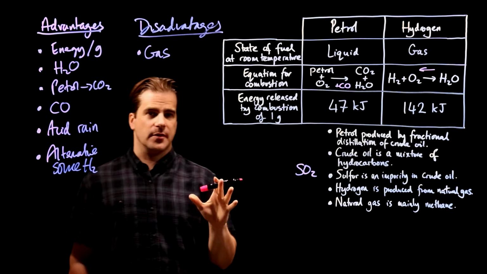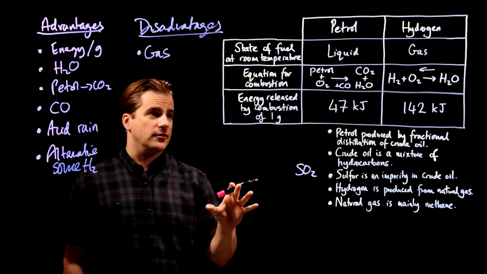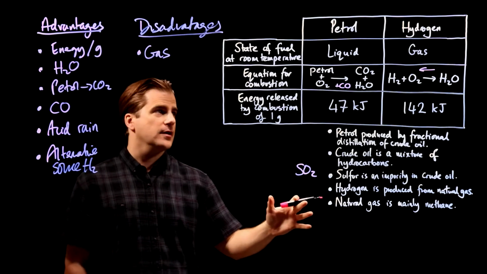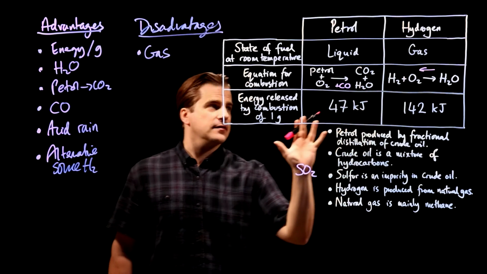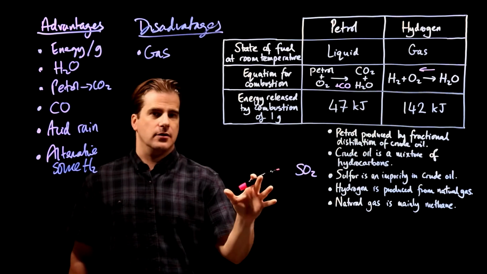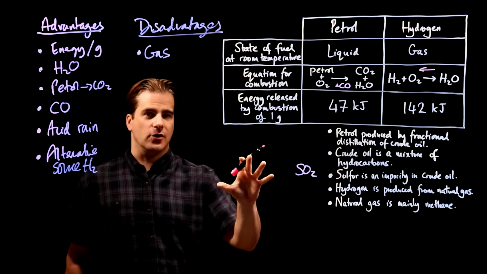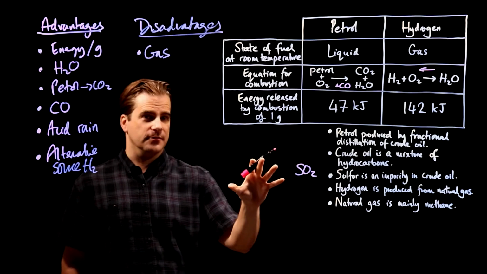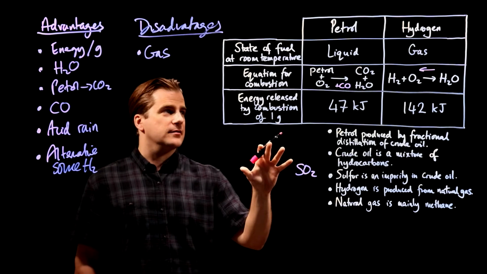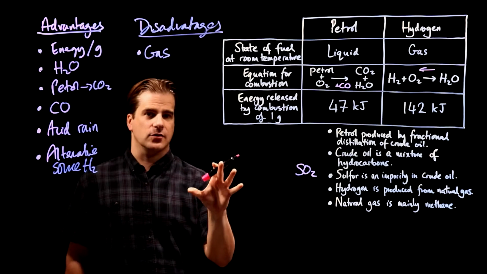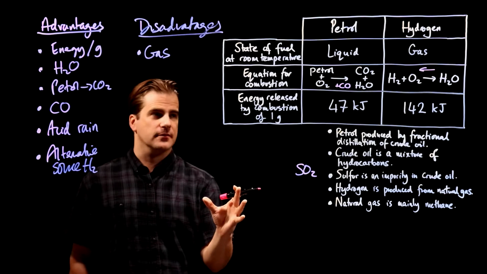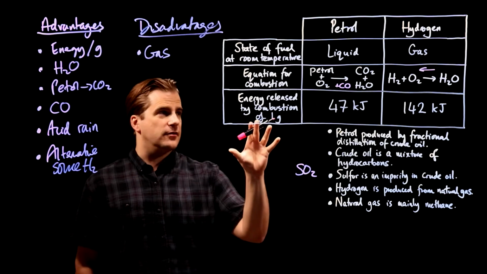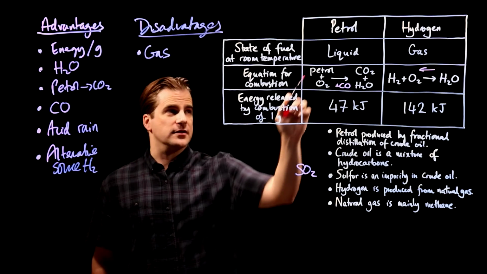Petrol's a liquid, so it's much easier to store it and transfer it to the car. But gas, we're working on alternative ways of storing hydrogen, but it has to be compressed and stored in a cylinder under pressure. And that is more difficult than storing a liquid.